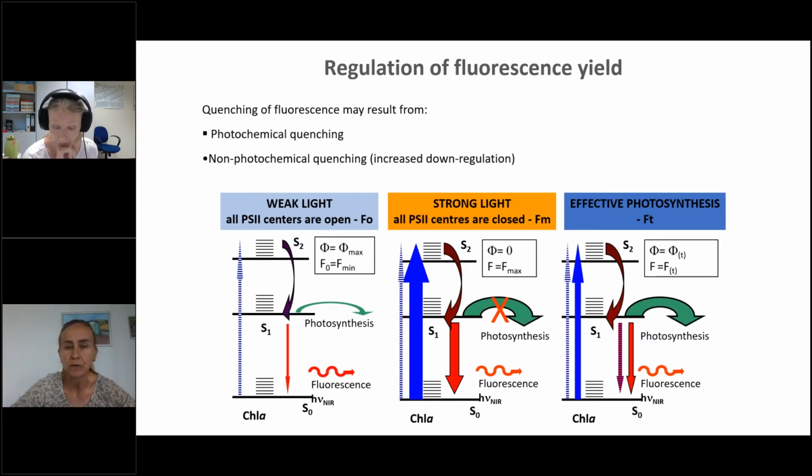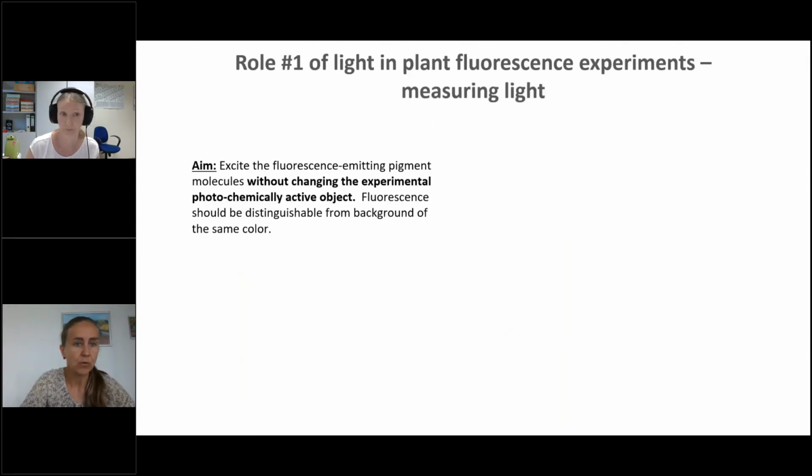So we measure the photosynthetic system in known states. And this is by applying different types of light sources for the measurement. Weak light, which is the measuring light, the pulsed light. Strong light when we measure the maximum fluorescence levels, and then actinic light where we can measure the effective photosynthesis. I would like to talk a little bit more about this in the next few slides.